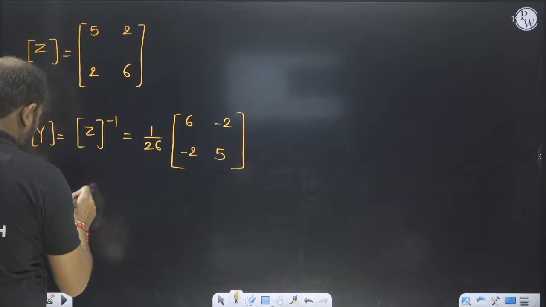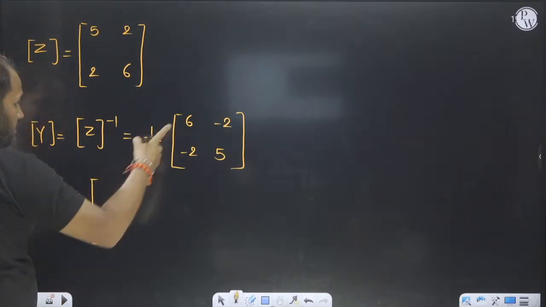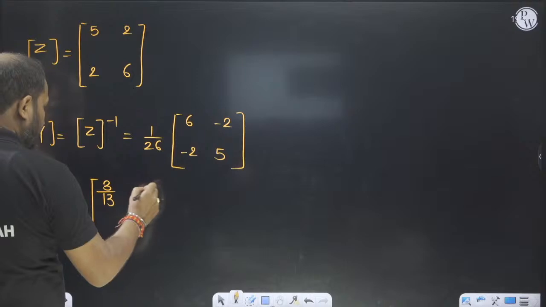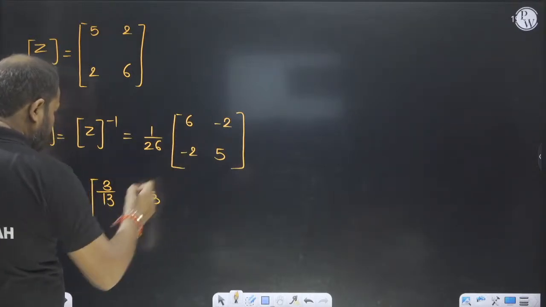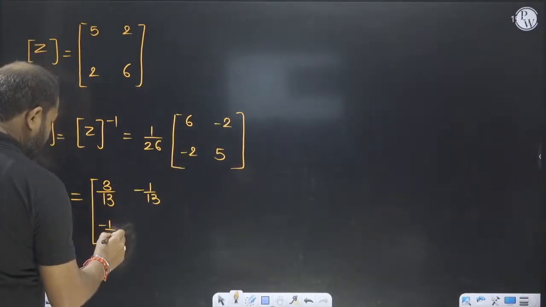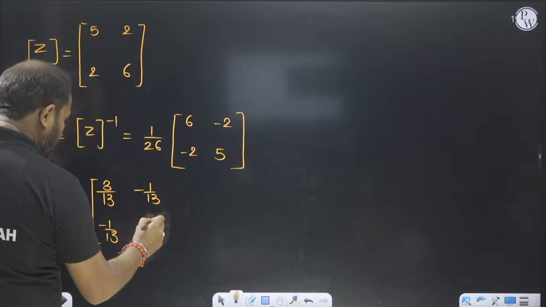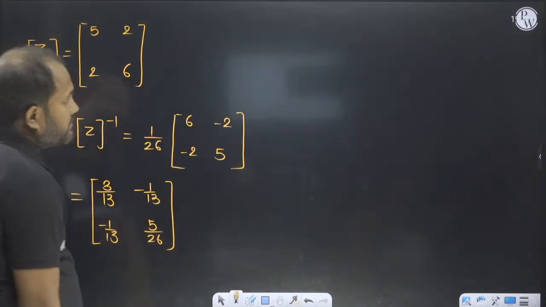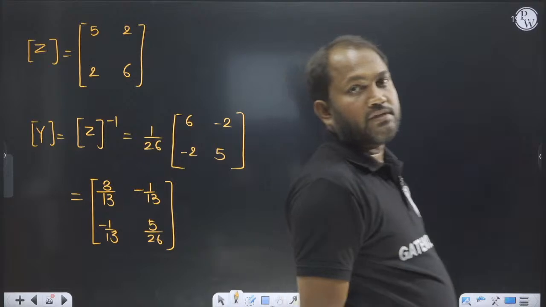So the Y parameter will be 3 by 13, minus 1 by 13, minus 1 by 13, and 5 by 26. So this is our answer.